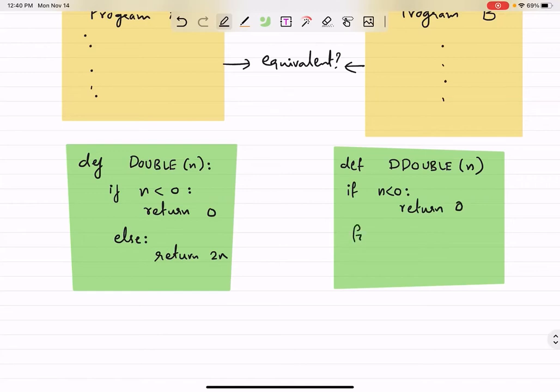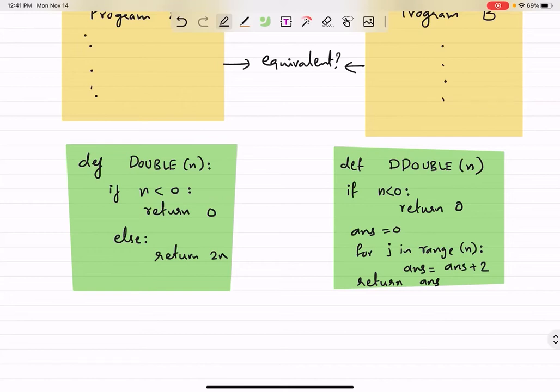And then I have two programs, and you can check manually just by looking at it that they're doing the exact same thing. They just double the number if the number is greater than or equal to 0, and otherwise they return 0. Really silly programs, but they both have the same exact functionality. Okay.